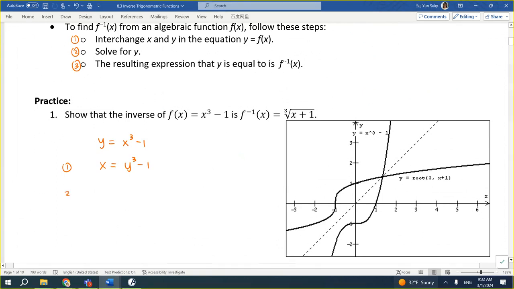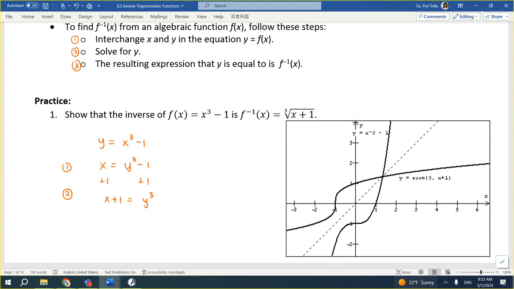And the second step, we solve for y. How do you solve for y? You want to get rid of the minus 1. How do you get rid of that? Yeah, we add 1 on both sides. We get x plus 1 is y cubed.